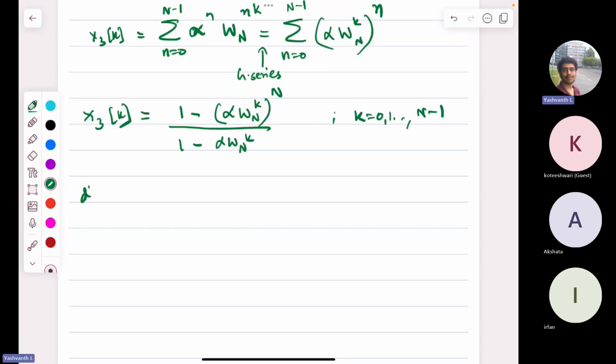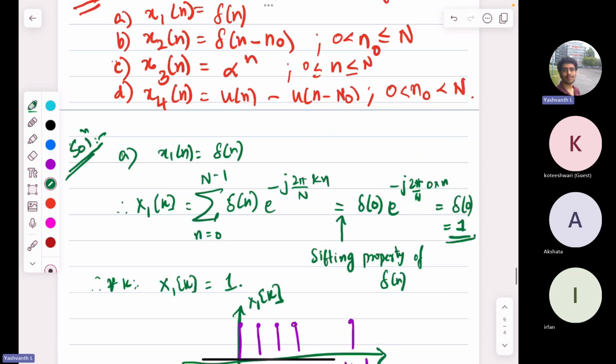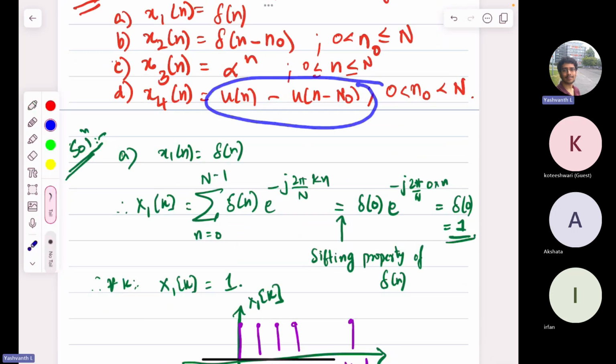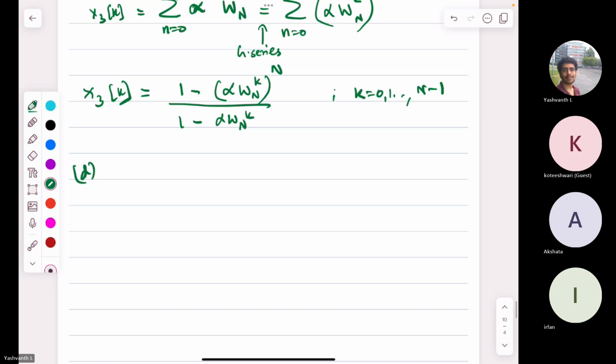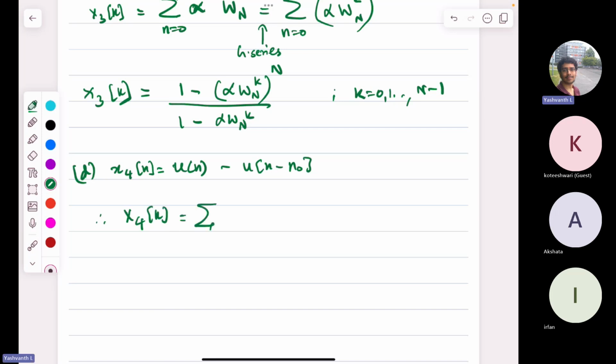Now the fourth question is when x4 of n equal to u of n minus u of n minus n naught, where u is basically a unit step function and n naught is a number between 0 and capital N. Let me write down the signal first. x4 of n is nothing but u of n minus u of n minus n naught. Therefore, your x4 of k is nothing but summation n equal to 0 to n naught minus 1.